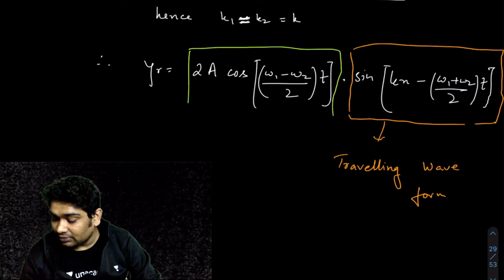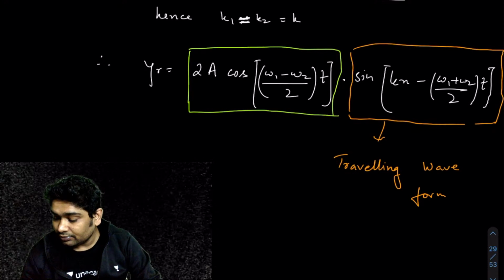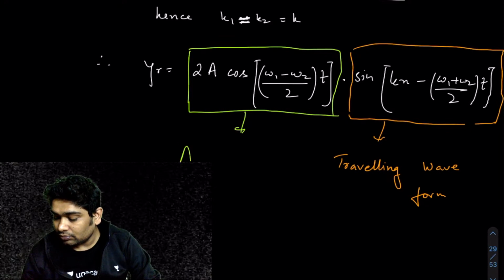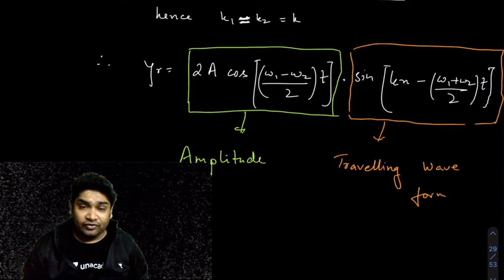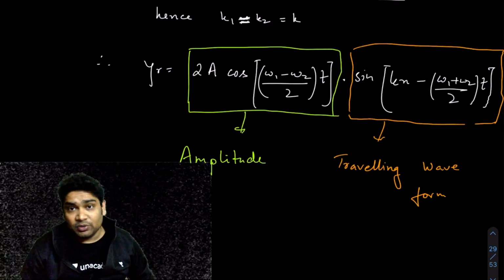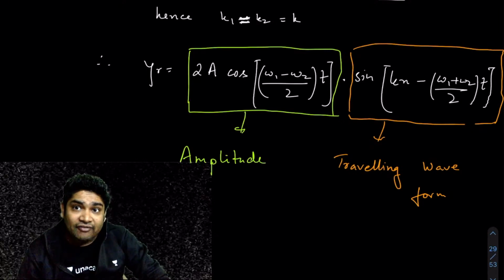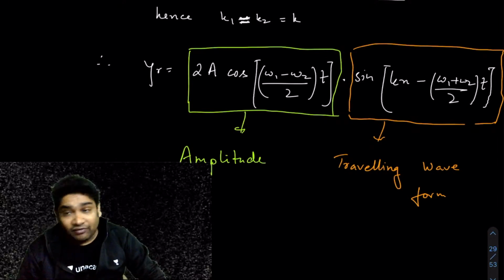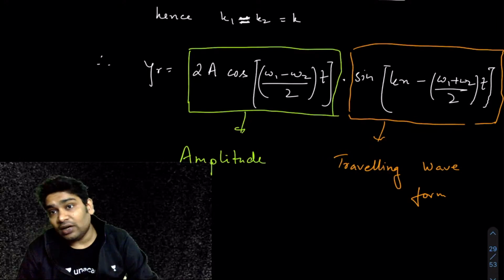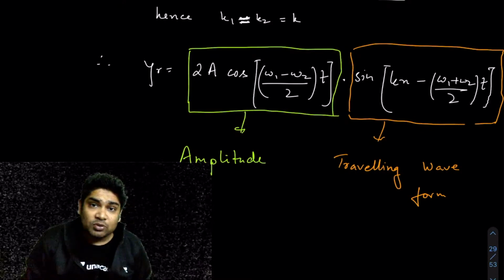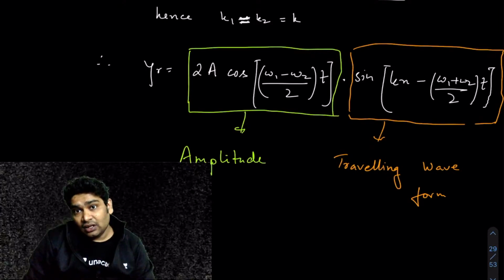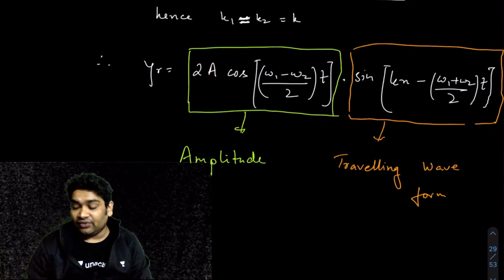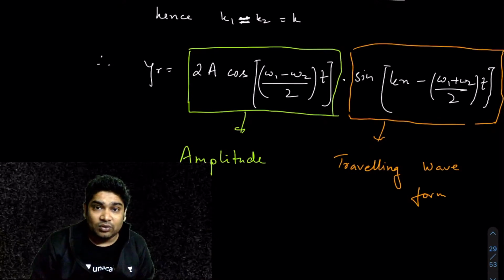This entire term will represent the amplitude. So as a result of the superimposition of these two waves, what I have is a traveling wave which is traveling with a frequency of (omega 1 plus omega 2)/2, which is the average of the two superimposing frequencies, and has an amplitude which varies with time, with the frequency of (omega 1 minus omega 2)/2.